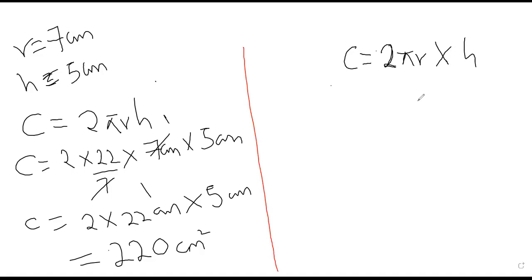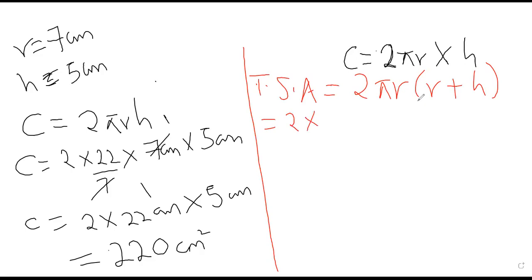The total surface area, TSA, is equal to 2 pi r bracket r plus h, which is equal to 2 multiplied by 22/7 times the radius 7 centimeter into bracket 7 centimeter plus 5 centimeter.